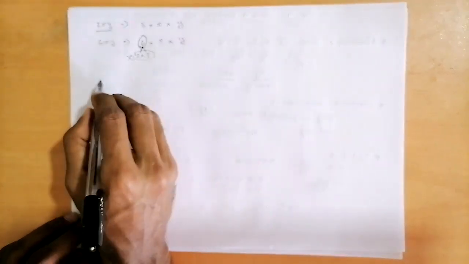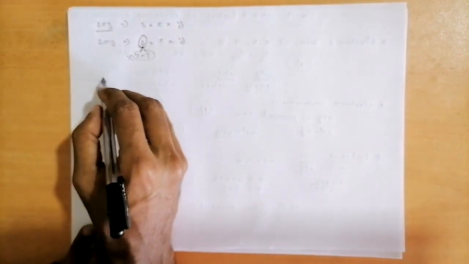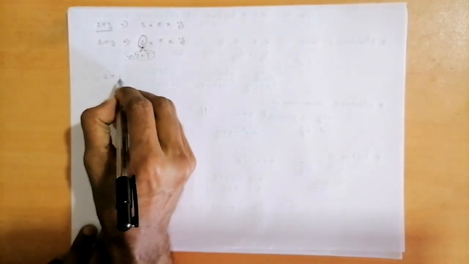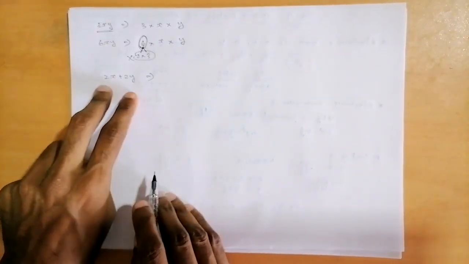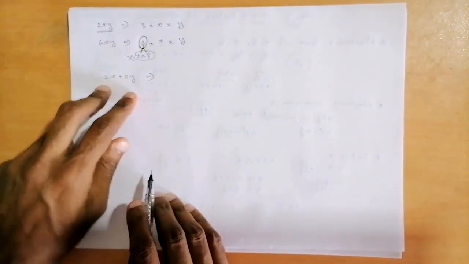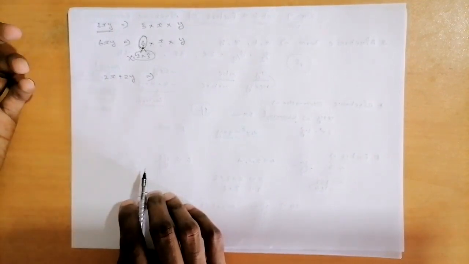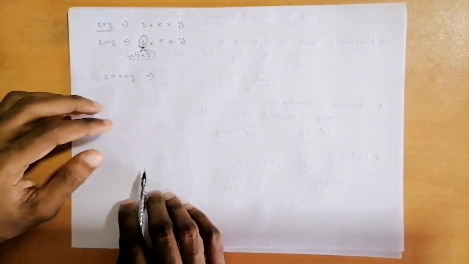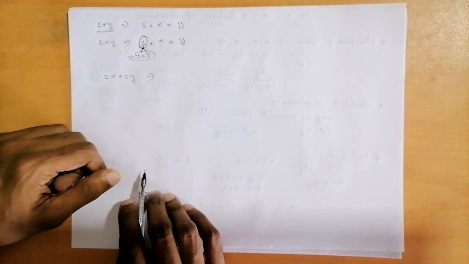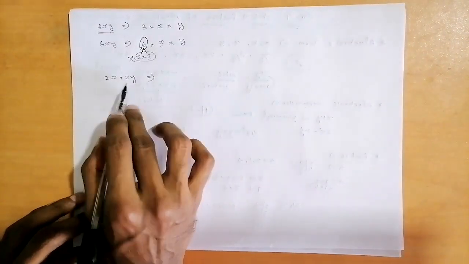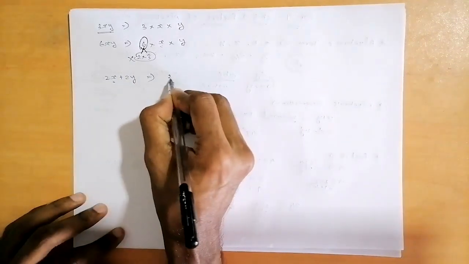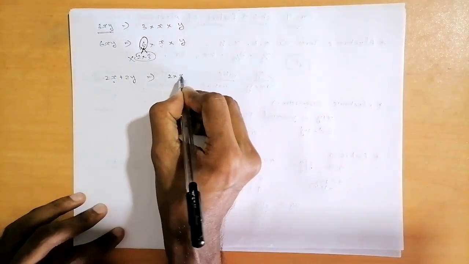Okay, we'll move on to expressions. We'll take 2x plus 2y, which consists of two terms. So we can call it an algebraic expression or binomial expression. We are going to check the individual terms. 2x: how is it built? 2 into x.